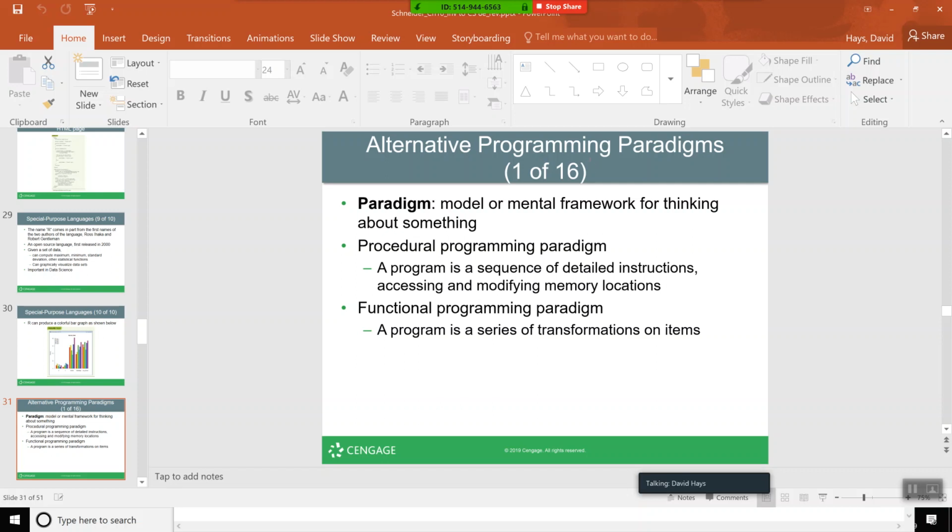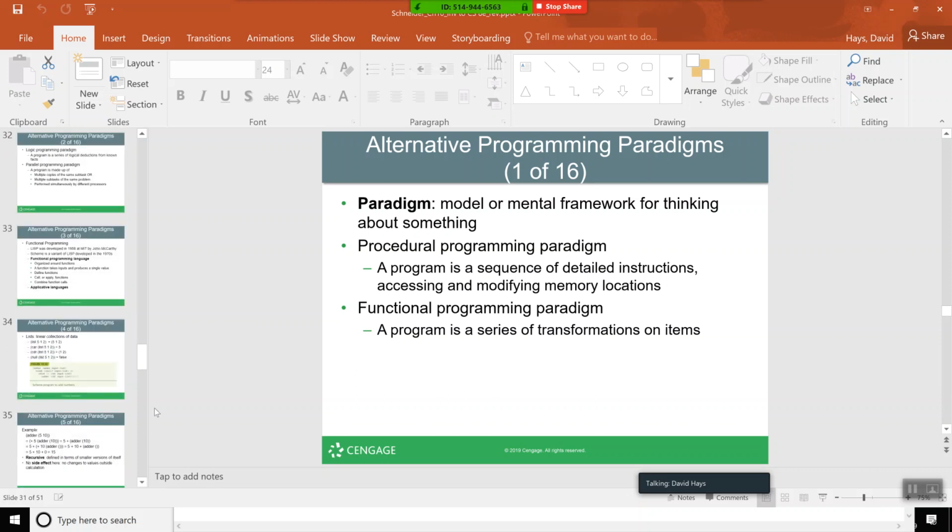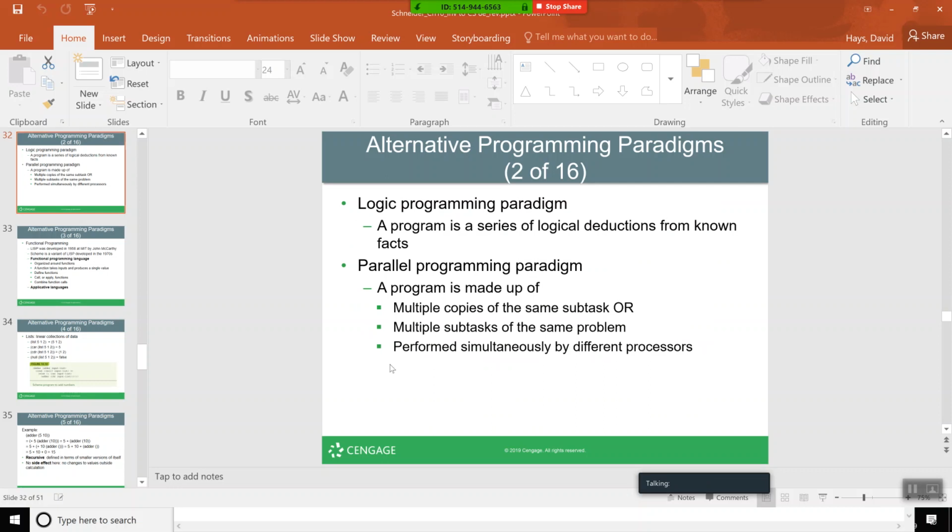Okay. Procedural programming, we talked about: detailed instructions, accessing and modifying memory locations. Functional programming is a series of transformations on items. I've never done functional programming, so I couldn't tell you really anything about that. Logic programming paradigm: logic deductions from known facts.